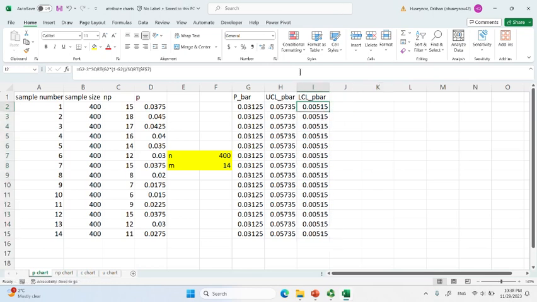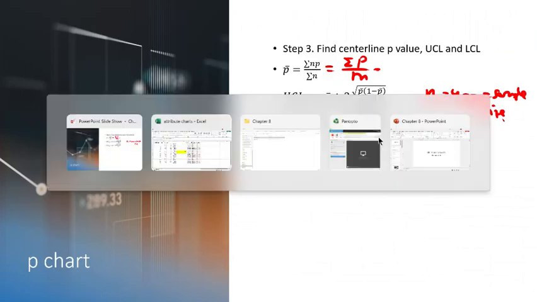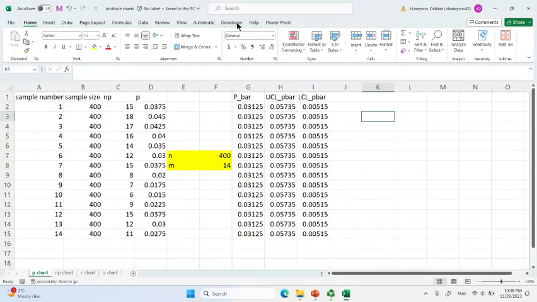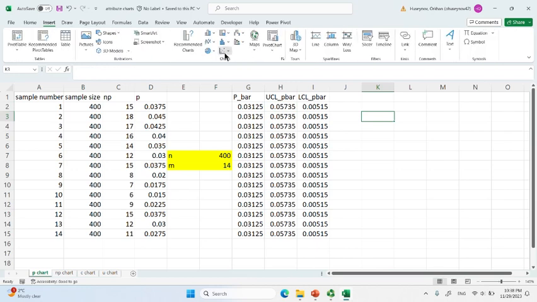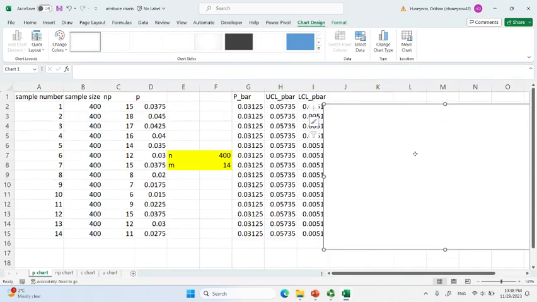Okay, so let's check. So we have the square root of the formula here. Let's check this one. Then we have the square root of the formula here. Okay, this is the formula. Now let's plot it. This is the general plot that we always did, so there is not anything different from the ones that we did.